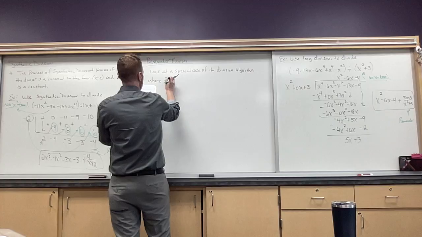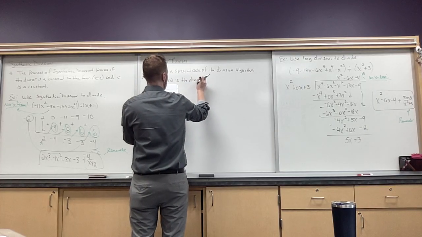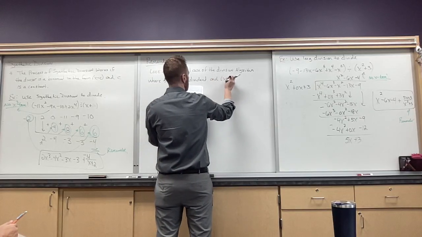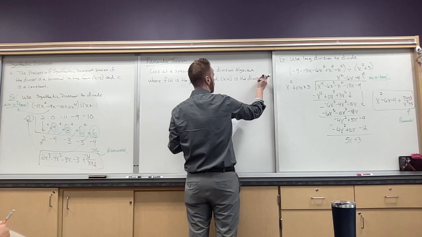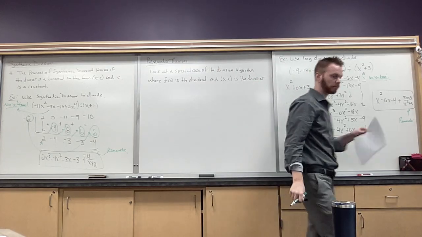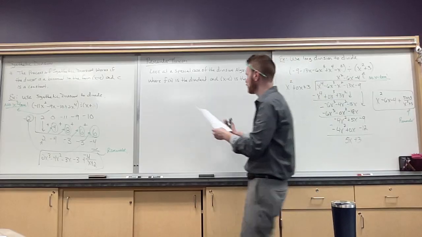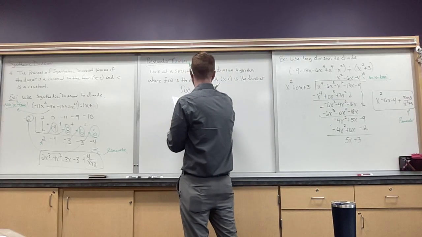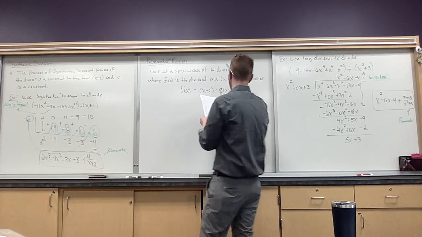Where f of x is the dividend and x minus c is the divisor, so what we're dividing by. Okay? So we write this underneath it. It's going to be f of x equals x minus c times q of x plus r.